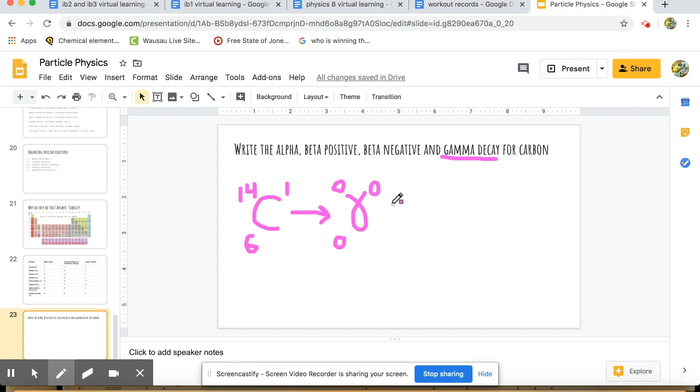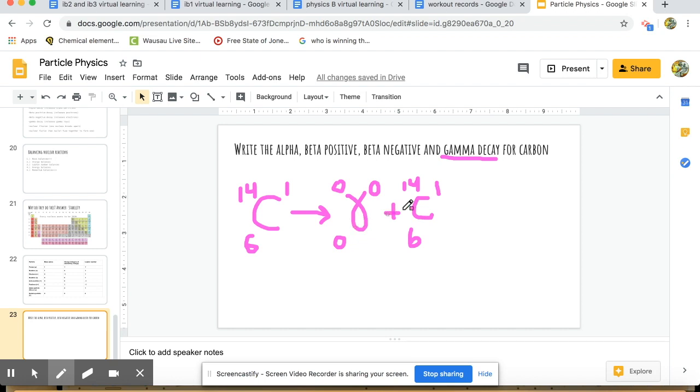So really, this is already balanced. I could put plus carbon 6, 14, and 1, carbon 12 or carbon 14, it doesn't matter, and that would work. This reaction could work. Is this the only reaction that works for gamma decay?